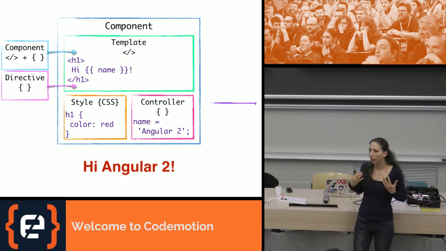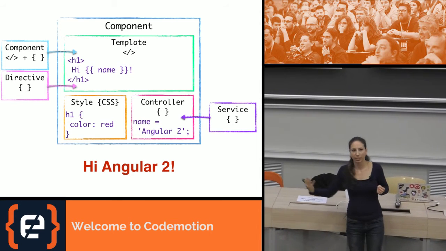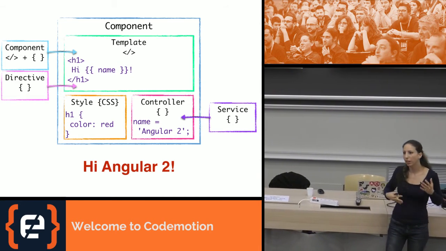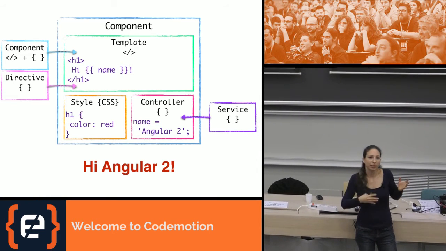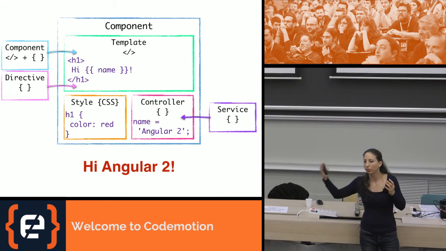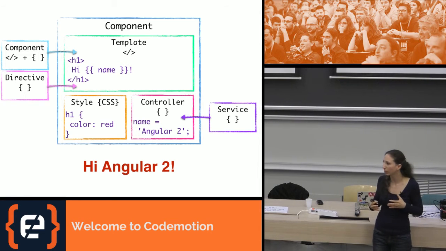Okay, what else? We use services. We can use services and use them inside the controller of our components. So services are also JavaScript classes, and Angular takes them and we have to provide them to the application, and I'll show how to do that with ng modules.